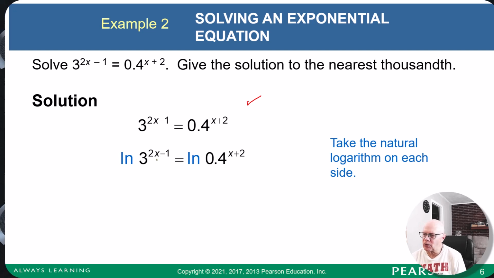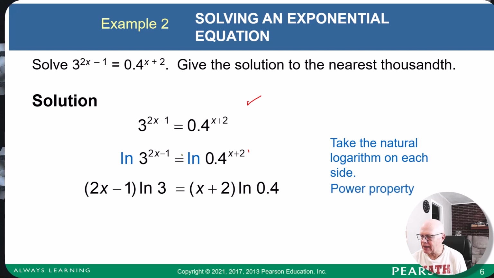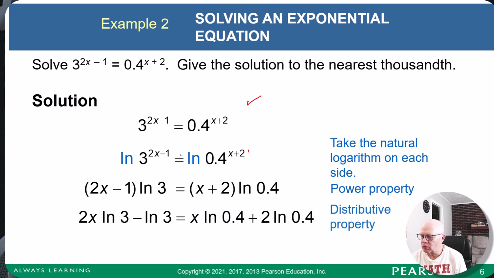Okay, so what did we do in the last one? We brought this 2x minus 1 out front, and we'll bring this x plus 2 out front, like this. And then, remember, we want the x's, so we'll distribute that. That way we can isolate the x terms.